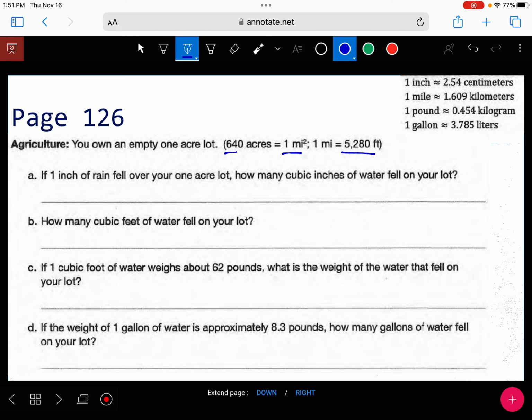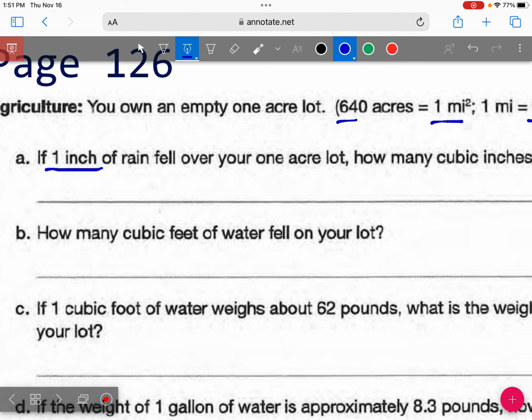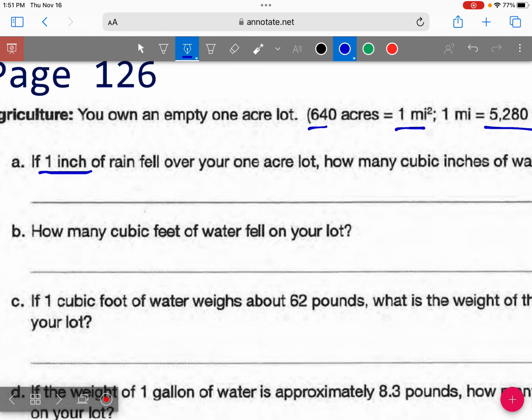We're going to be dealing with inches down here, so getting it down into inches might be a good idea. So the way we're going to find out the area of our 1-acre lot is we're going to take our 1 acre, and we're going to convert it into inches, or into square inches.